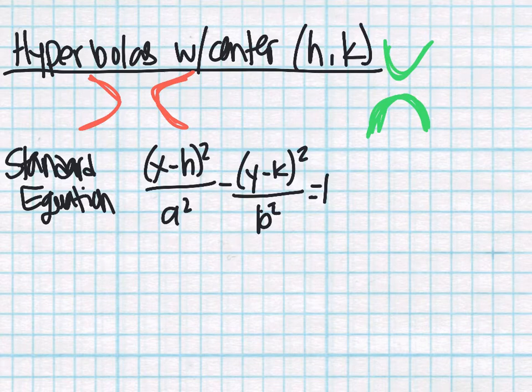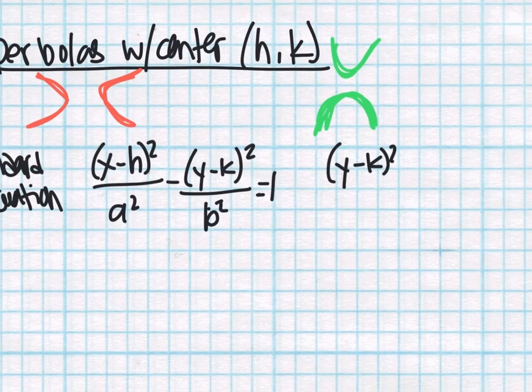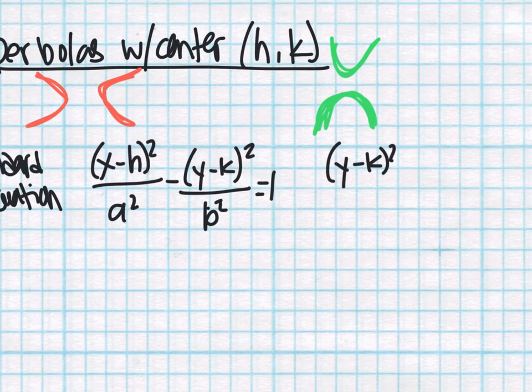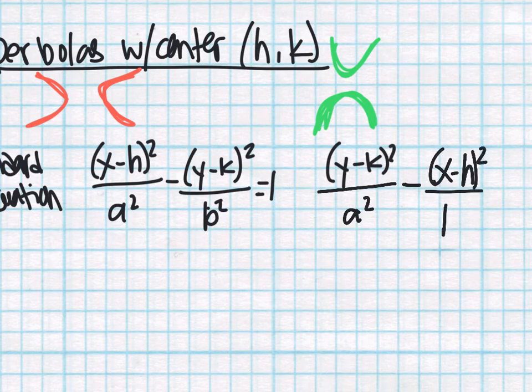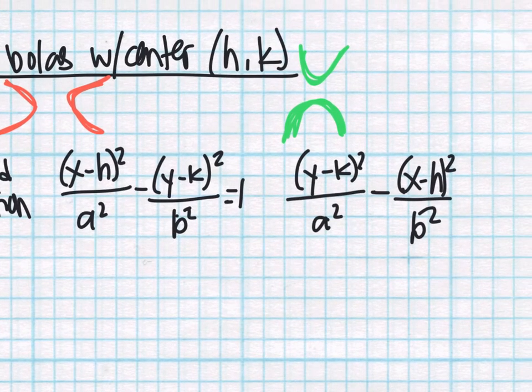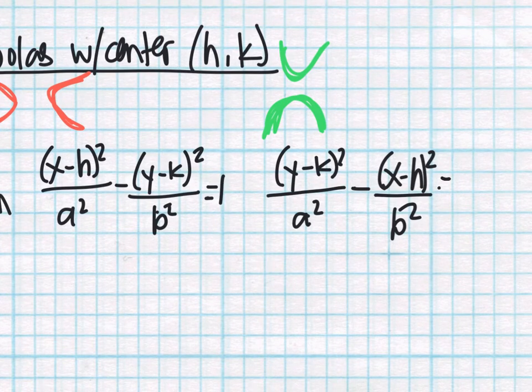And for our vertical one, we're switching our x's and y's. So we have y minus k squared over a squared minus x minus h squared over b squared equals 1.